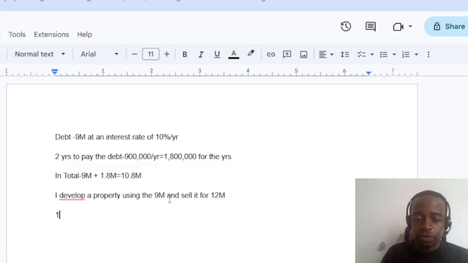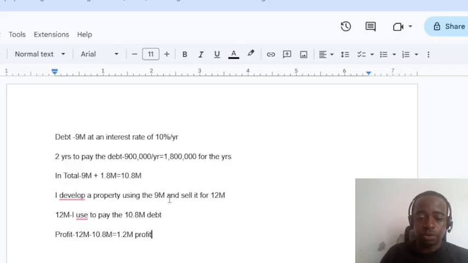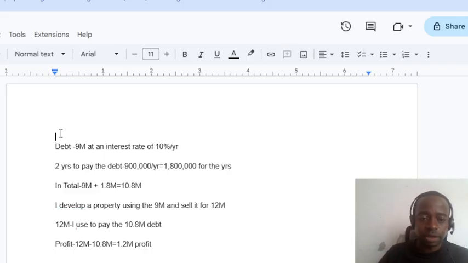With this 12 million, I use it to pay the 10.8 million debt. And then the profit here will be 12 million minus 10.8 million, which is approximately 1.2 million profit. All right, so this is an example of good debt. So let's write here: good debt.